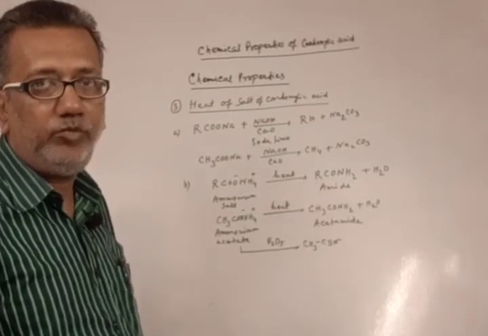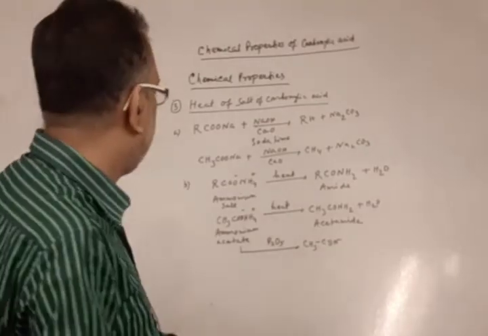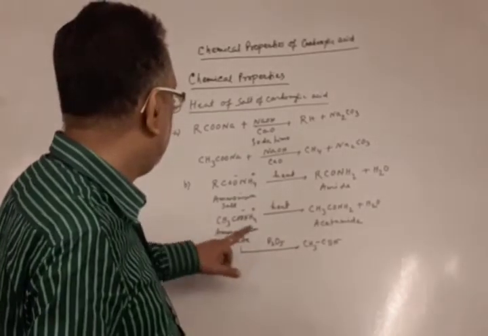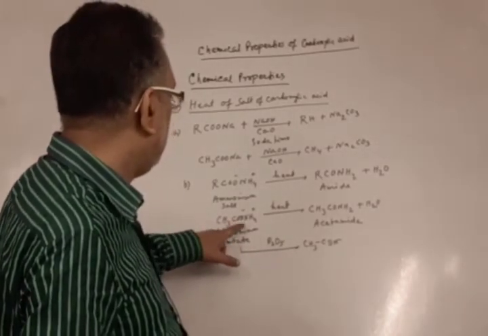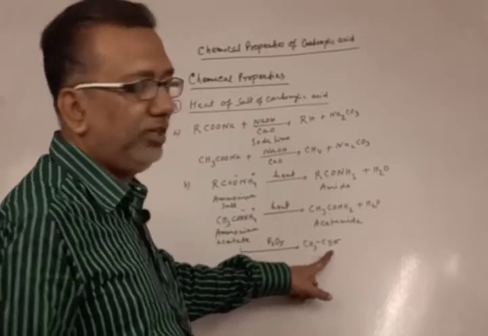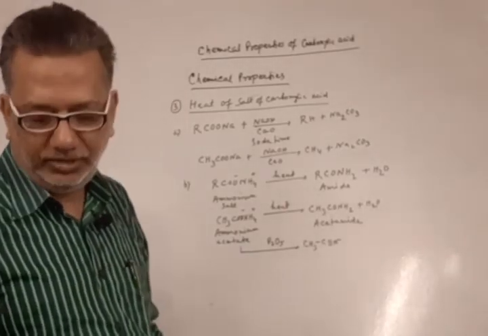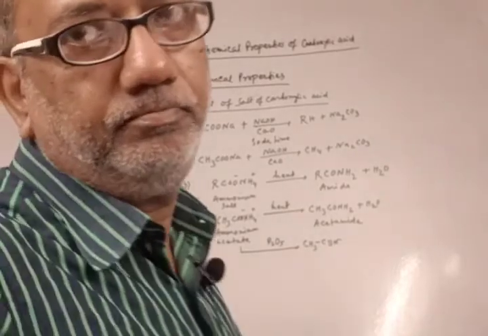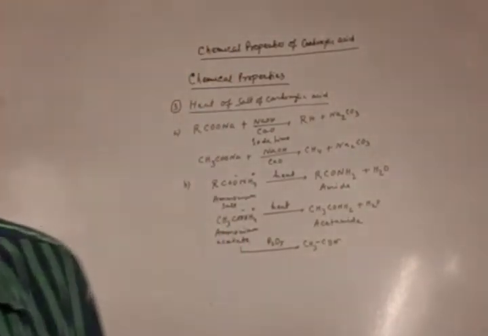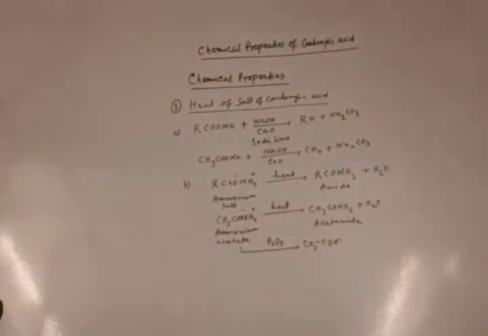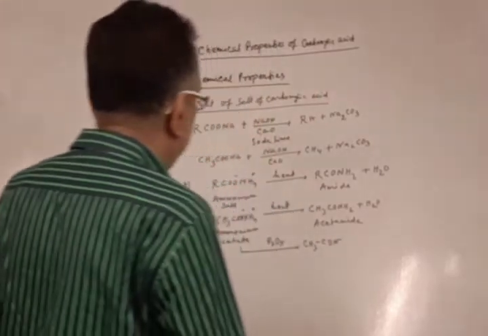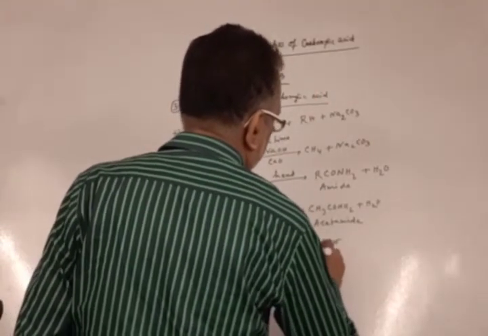So from this salt, after dehydration, we get the corresponding cyanide. Now this compound is methyl cyanide.